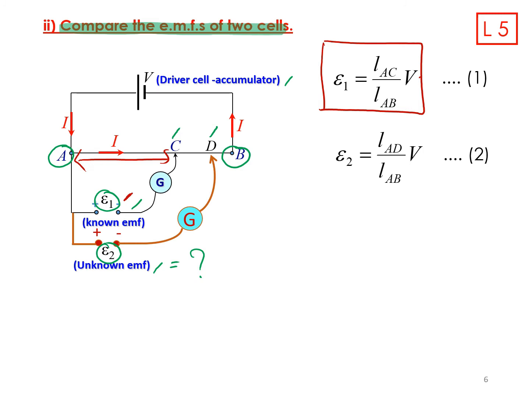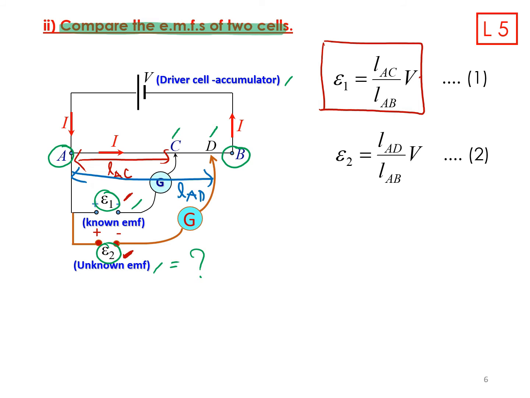Next, for the unknown EMF, your EMF2, right here at the lower one, EMF2 equals balance length LAD, this is LAD, right here to here.